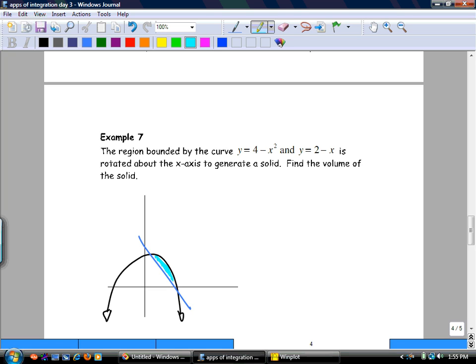We okay with that? So what's the first thing we need to do? Find the intersection points. So 4 minus x squared equals 2 minus x.